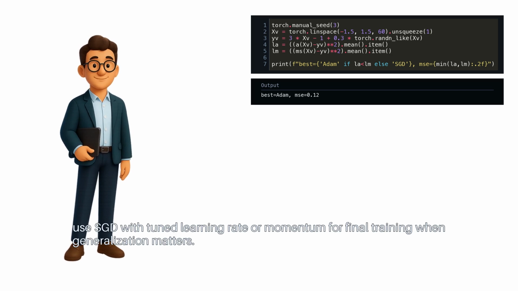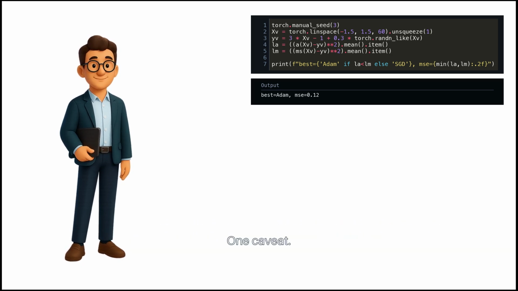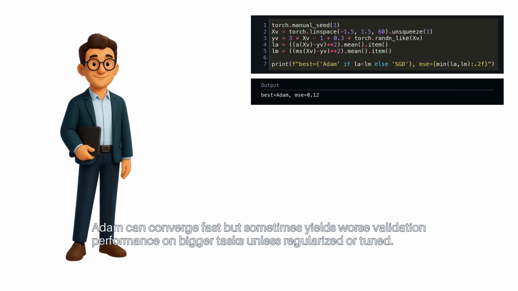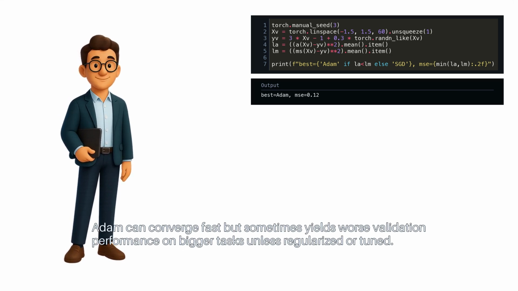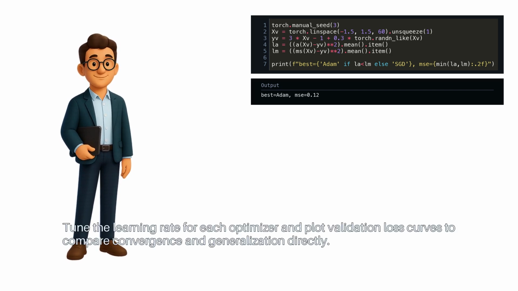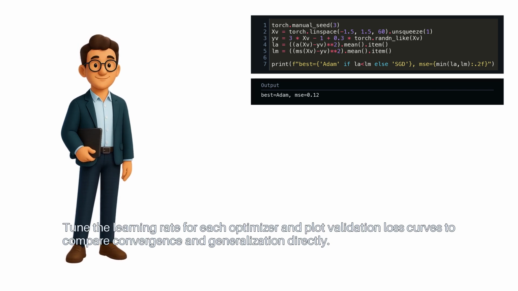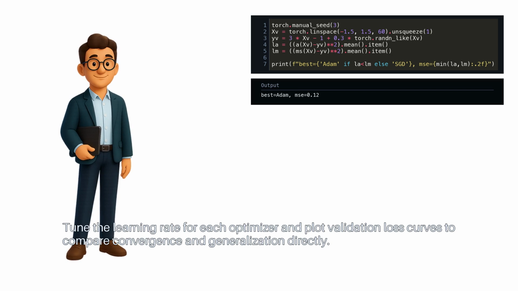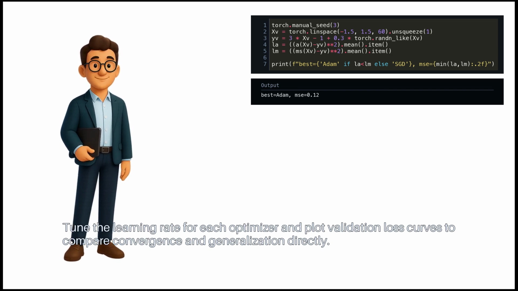Use SGD with tuned learning rate or momentum for final training when generalization matters. One caveat: Adam can converge fast, but sometimes yields worse validation performance on bigger tasks unless regularized or tuned. Next step: tune the learning rate for each optimizer and plot validation loss curves to compare convergence and generalization directly.